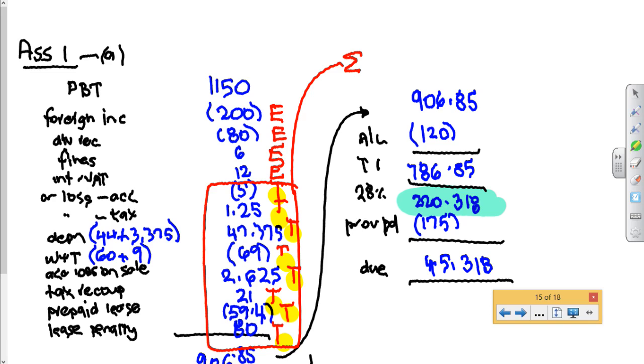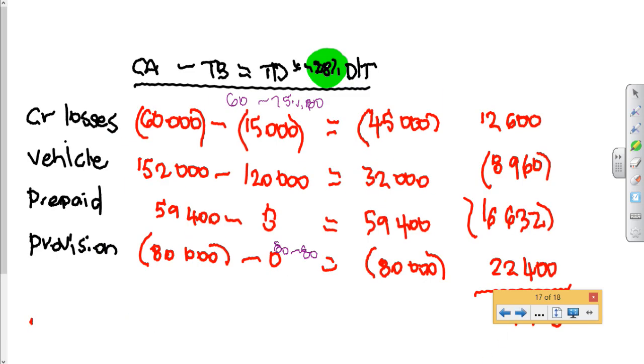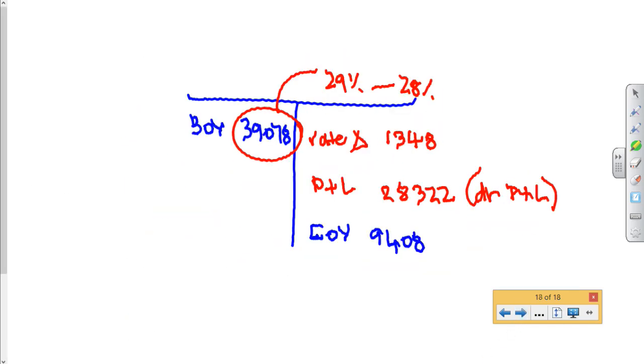It's a very simple journal. And then you're going to do one for this, these two together. Yeah. Both of those, even though we call the one a rate change and we call the other one temporary differences, they both land up in deferred tax expense in the P&L. Okay, together. It's one journal.